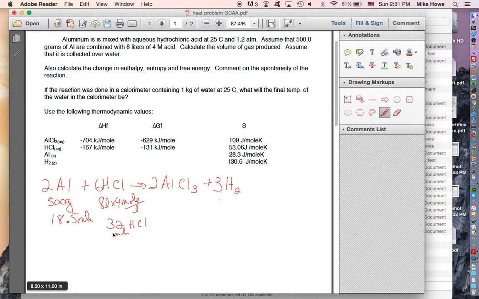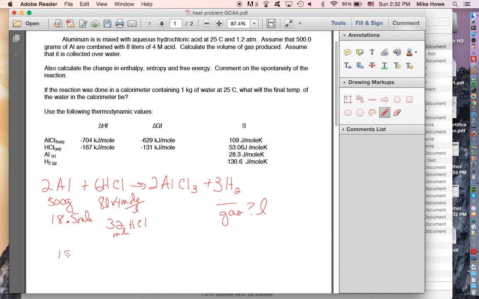So which runs out first? Because if we're going to find the volume of the gas, this is the gas, and we're looking for how many liters. So if we're going to find that, we need to first know how many moles of gas we have. Moles of gas are going to depend on whichever one of these two runs out first. So if you take one and compare to the other, and it really doesn't make any difference which one you pick.